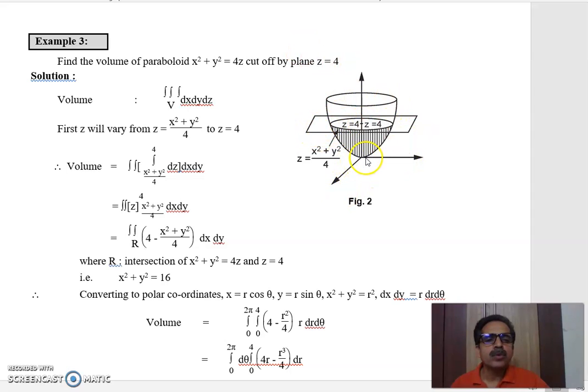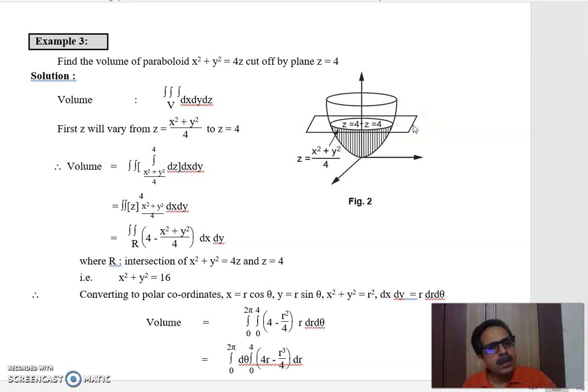We take this as the origin, positive x-axis, positive y-axis, positive z-axis. So this becomes the xy plane. The xy plane has equation z is 0, and the plane z equal to 4 is parallel to the xy plane, and we want to find the volume enclosed by this paraboloid and the plane z equal to 4.